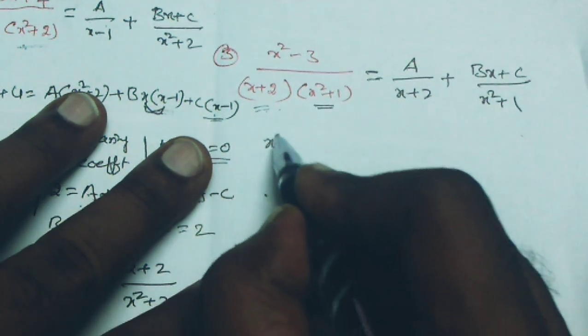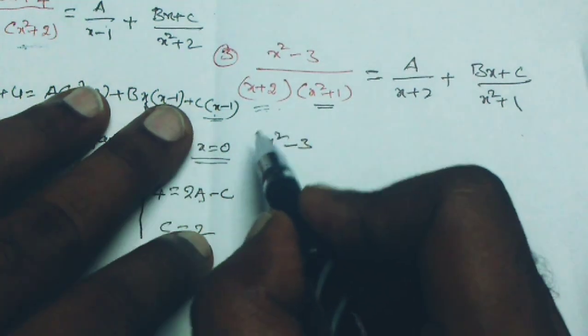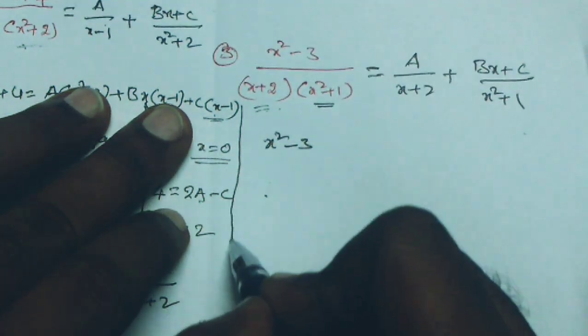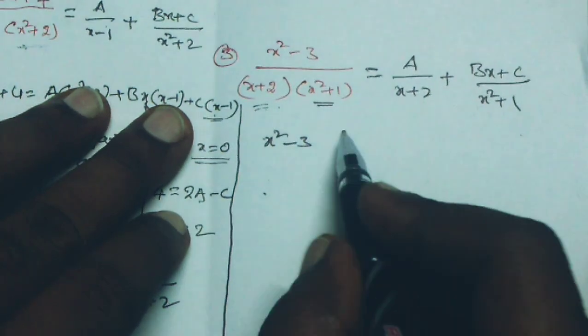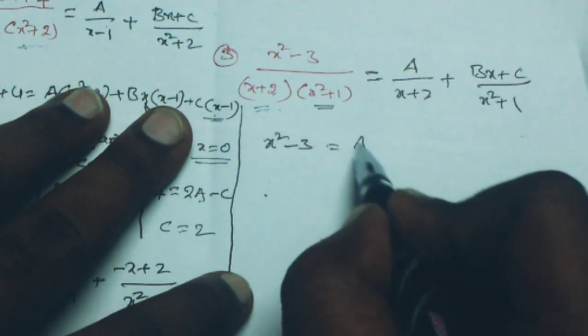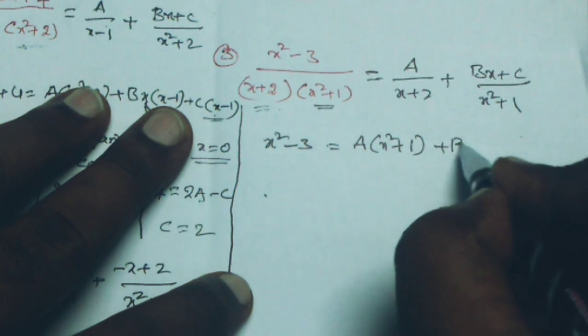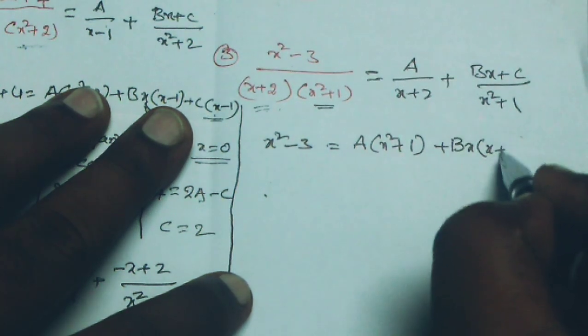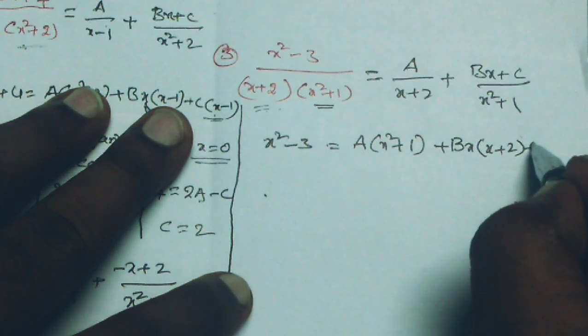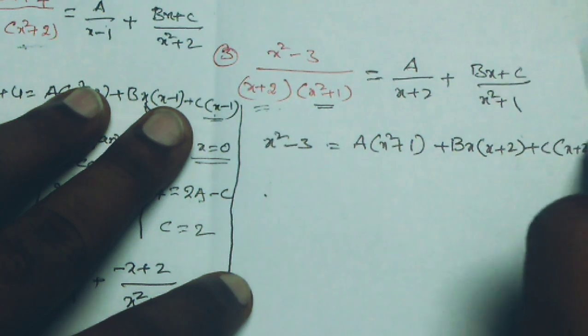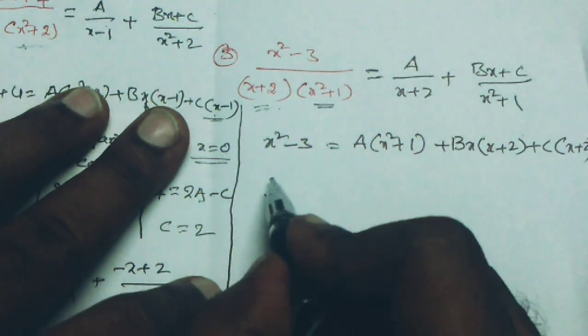Therefore, I take LCM. This x square minus 3 is equal to a into x square plus 1 plus bx into x plus 2 plus c into x plus 2. So same process.